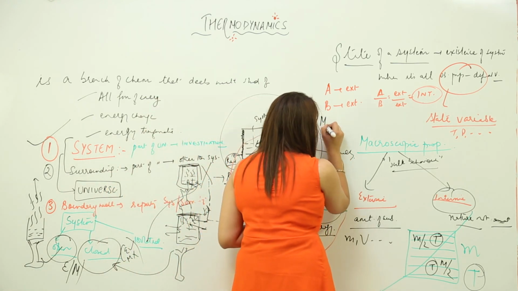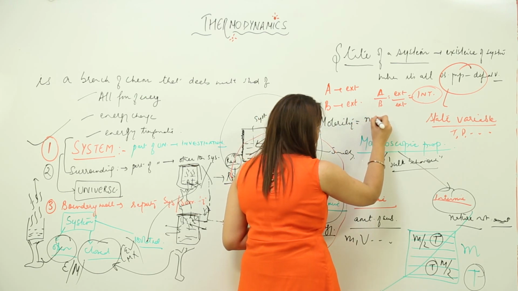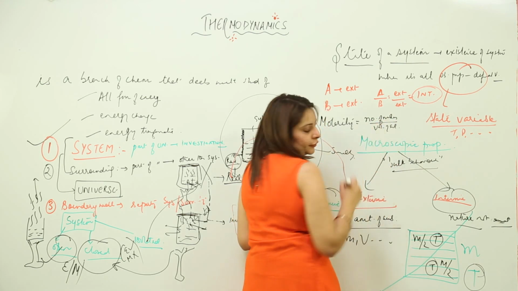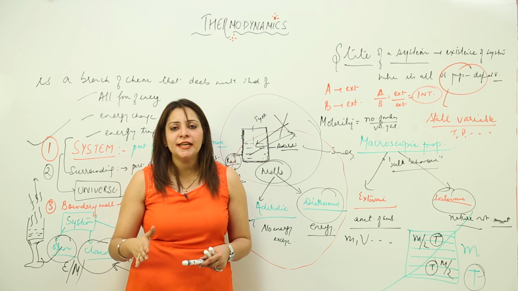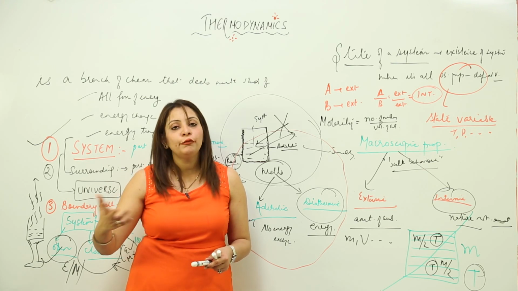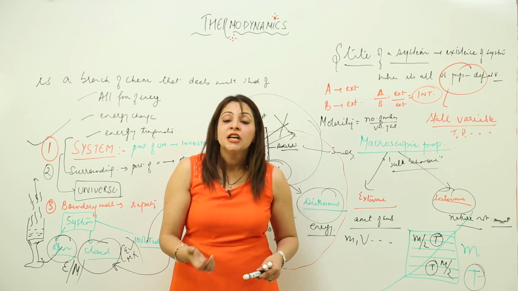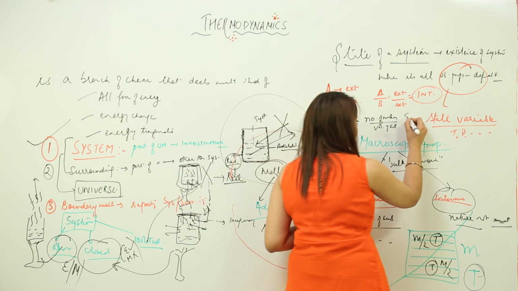Suppose I have molarity. This is an example I am illustrating. What is molarity? It is the number of moles divided by the volume of solution. So when we talk of moles, is it extensive or intensive? Obviously mole is extensive, because when I say 4 moles, we are counting the amount of substance. So mole is an extensive property.